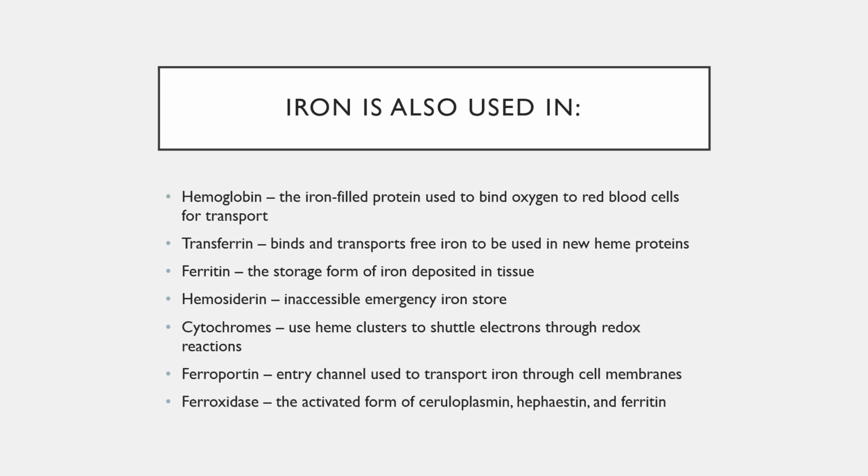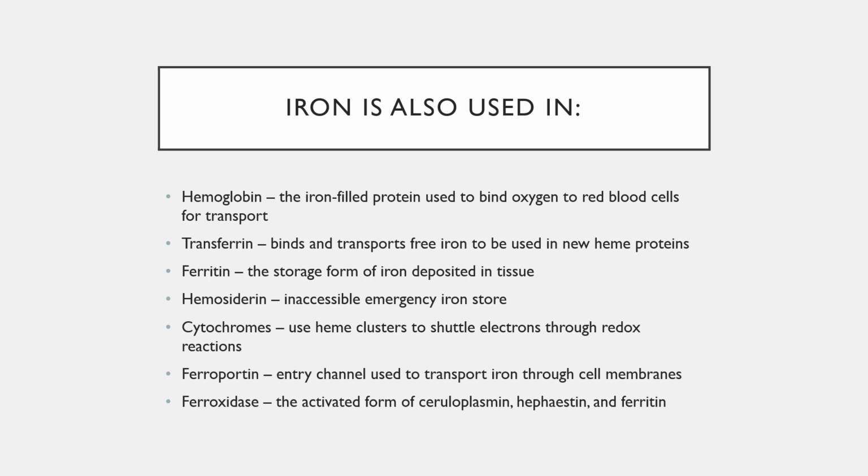The protein that allows iron to be transported around, this one isn't one that's dependent on iron per se, but it is one that is very pivotal in iron metabolism, and that is transferrin. Transferrin is the main protein that carries iron to different parts of the body.